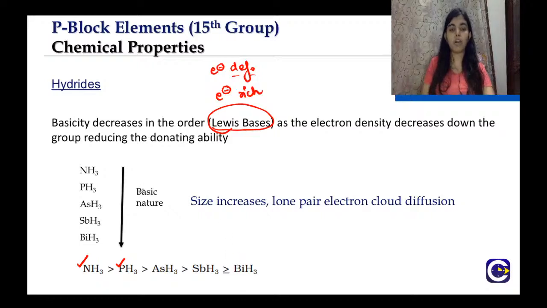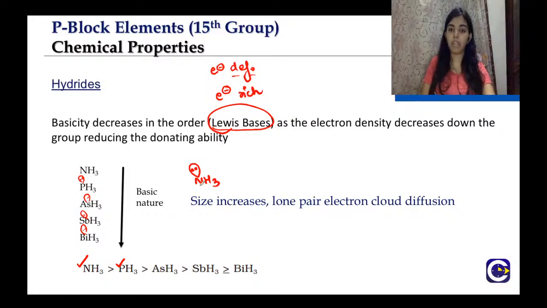Why is this so? In ammonia, nitrogen is electronegative, so it keeps the lone pair of electrons towards itself. But down the group electronegativity decreases, so the lone pair in phosphine, arsine, antimony hydride or bismuth hydride is delocalized over the whole molecule. Where there is delocalization of the lone pair, it is not available for donation.